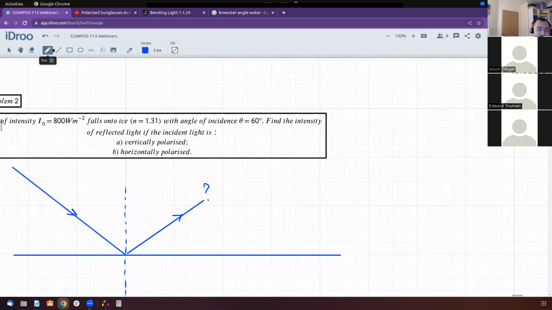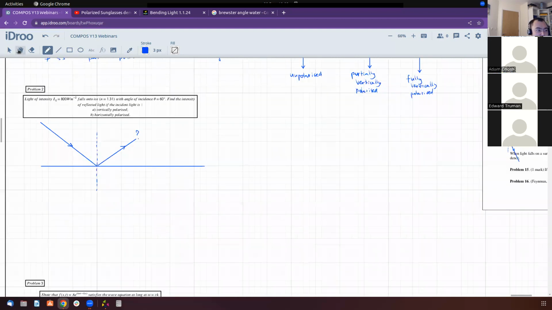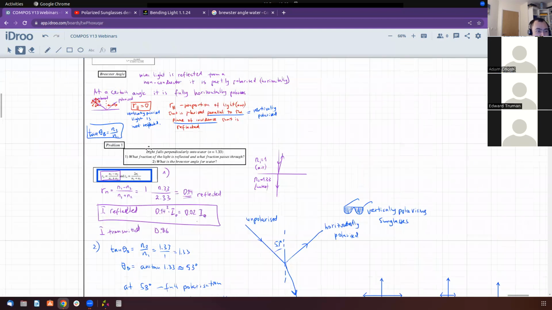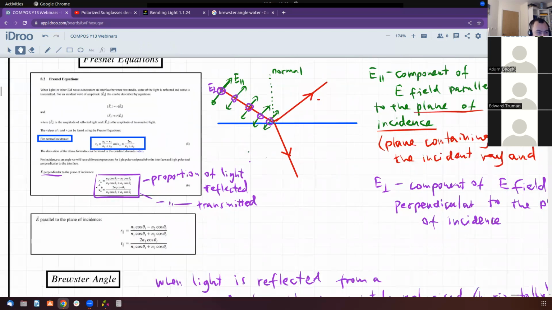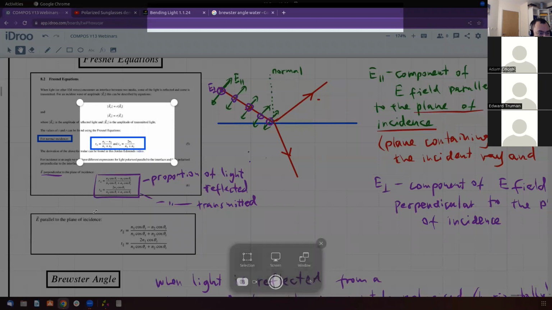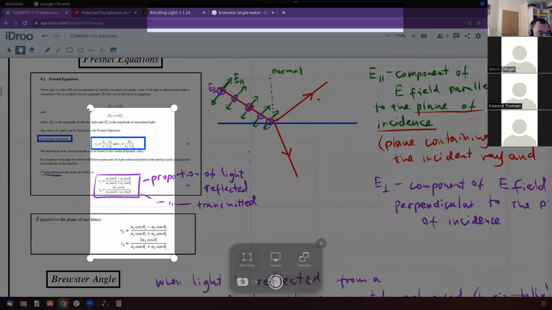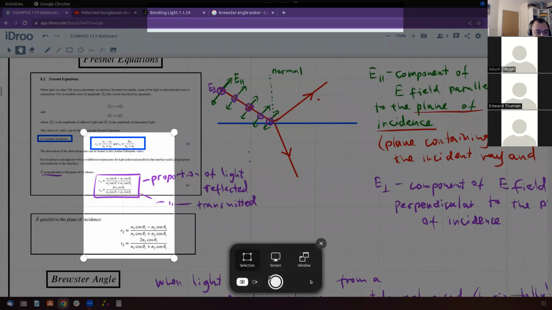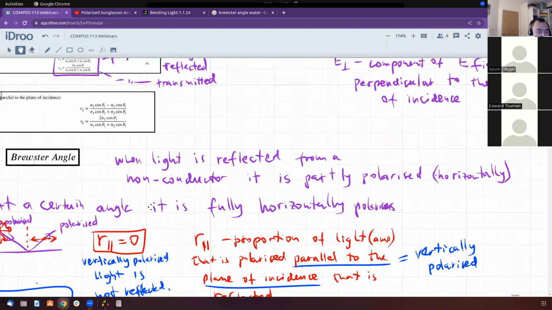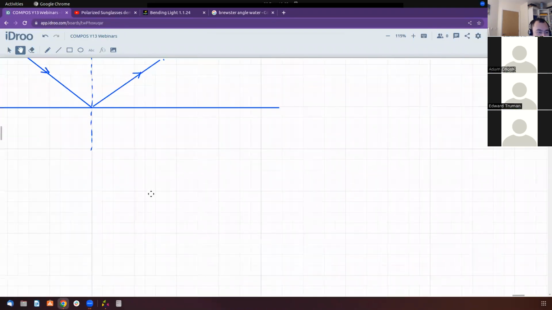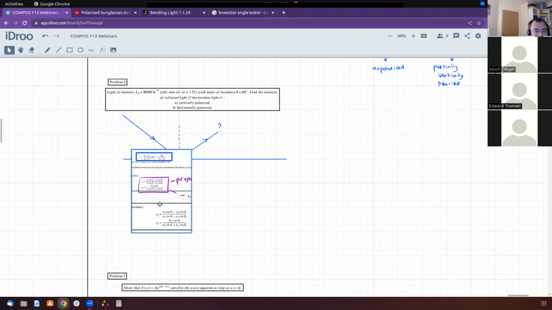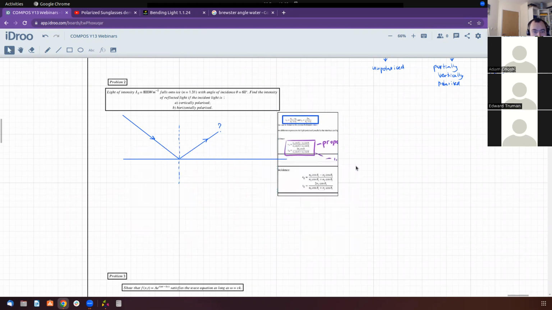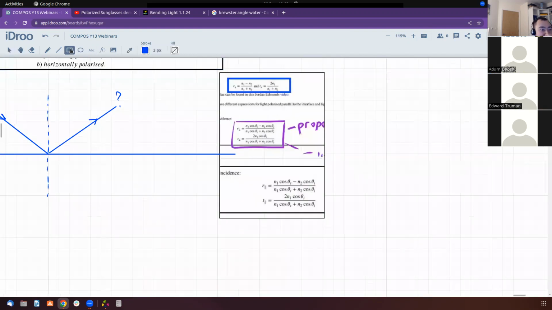And you have the two formulas for the reflected light. So which one do we need here?